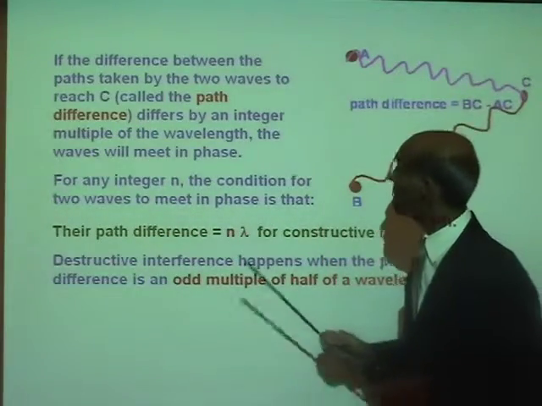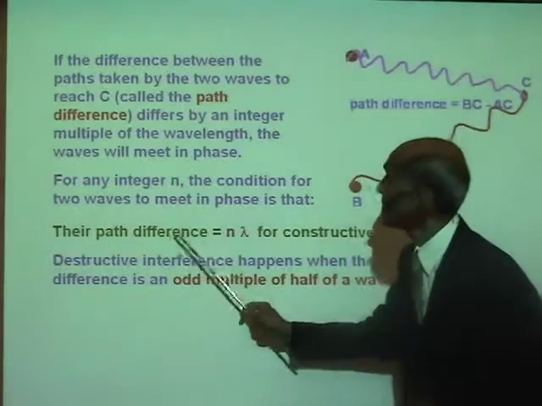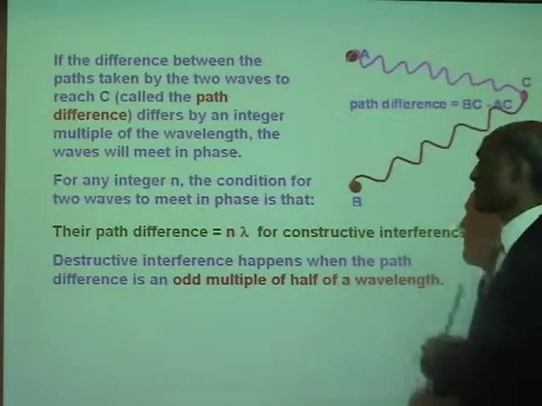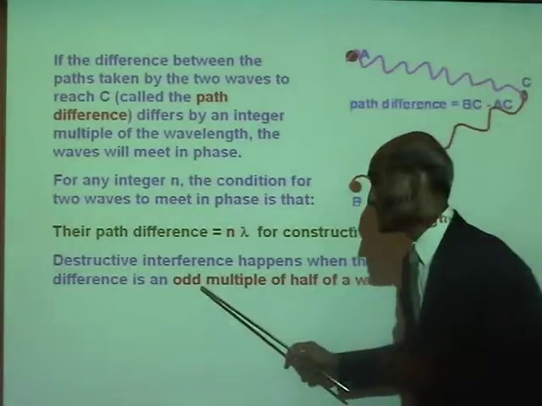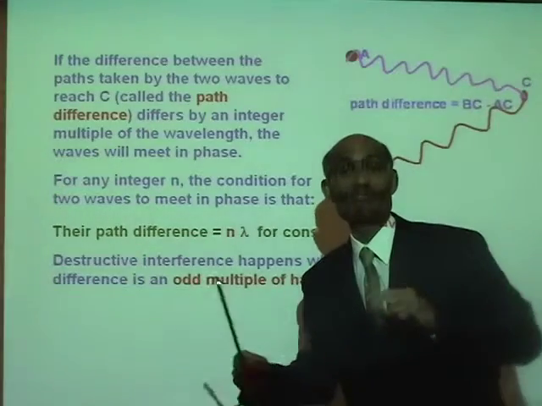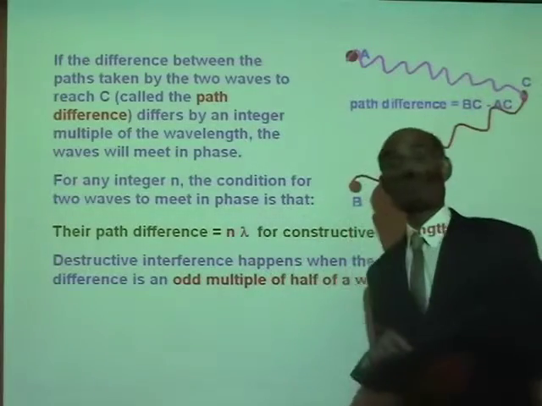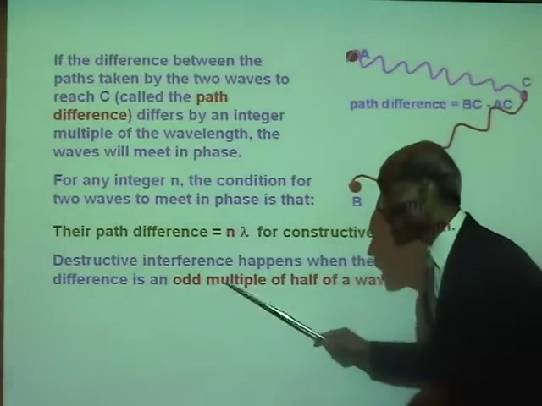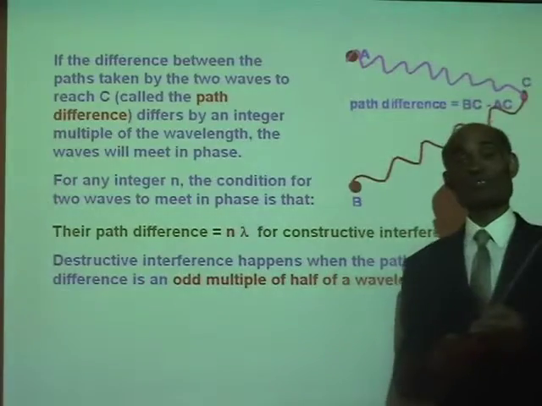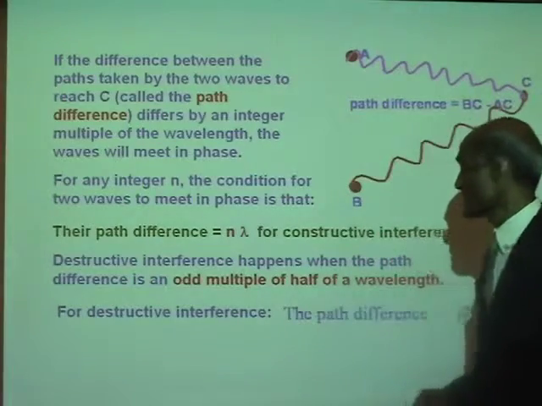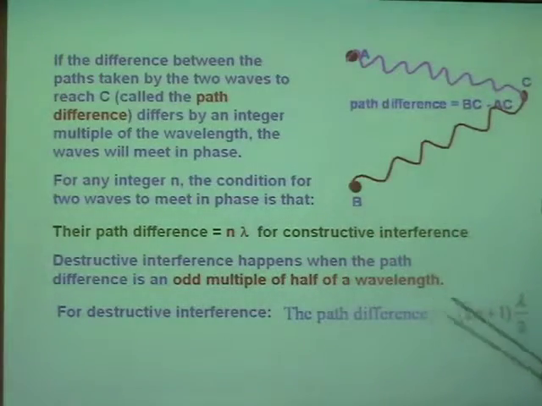That means the condition for destructive interference is that the path difference must be an odd multiple of half of a wavelength. You see, you cannot have an even multiple of a half wavelength, because an even multiple of 1/2 will be an integer multiple. So you got to take an odd multiple of half of a wavelength. And how do we write it? So for destructive interference, the path difference must be, look at the way I construct what is called an odd number, 2n plus 1, times lambda by 2.